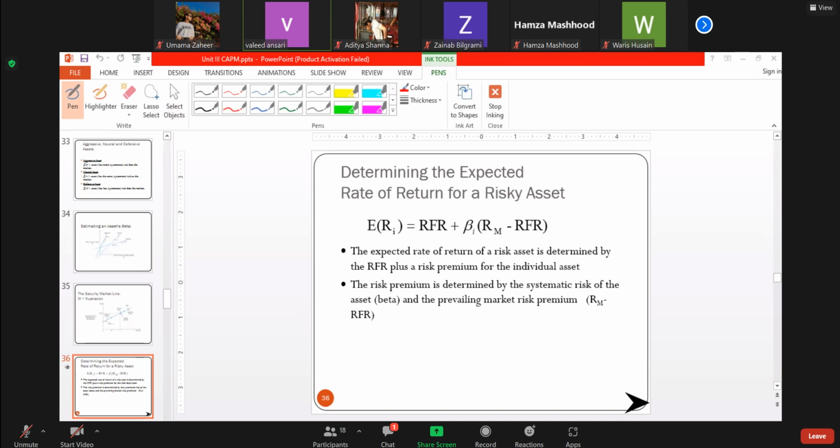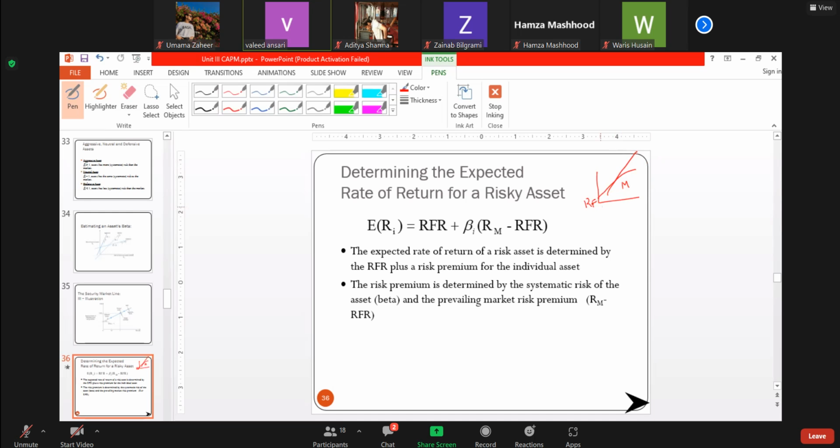So the important point which I discussed in my last lecture, the discussion started with the idea that the Markowitz efficient frontier, when it is combined with the risk-free rate, becomes a linear line when we combine.